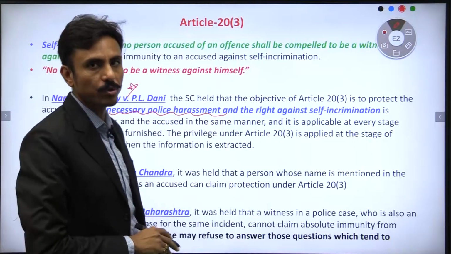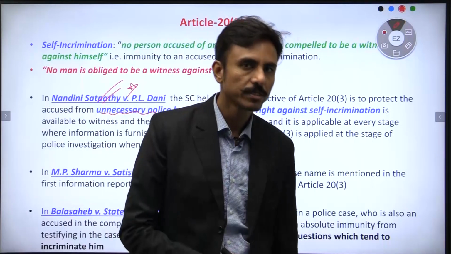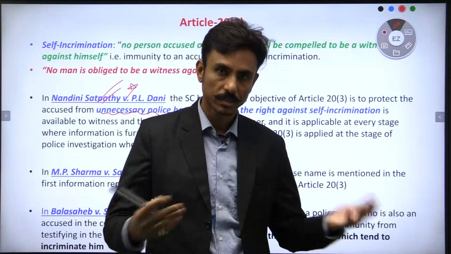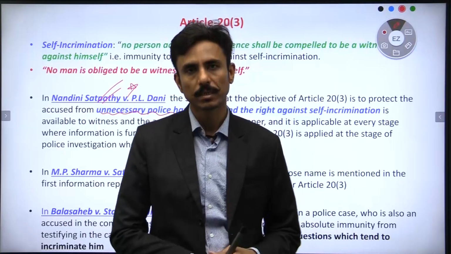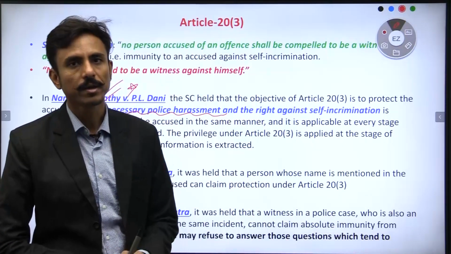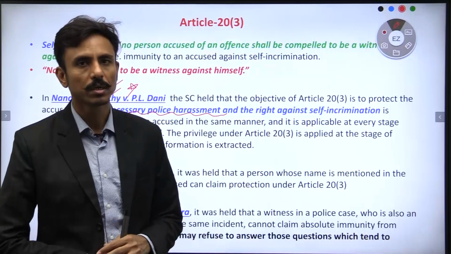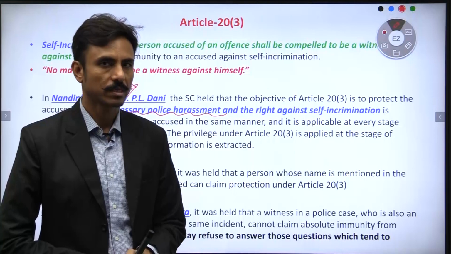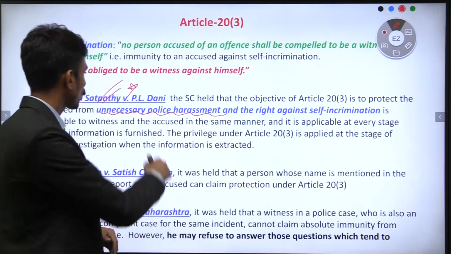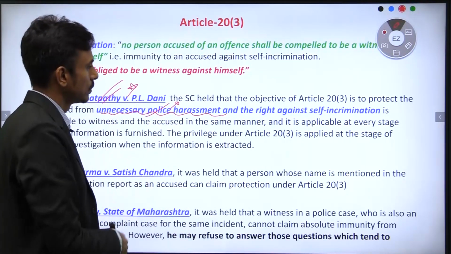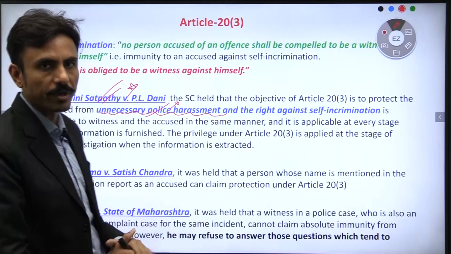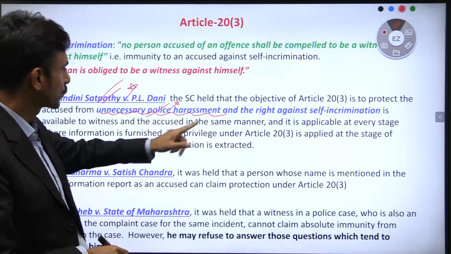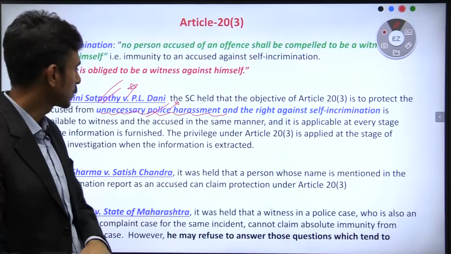So guys, you all would be knowing that there have been cases of third degree treatment, right? Where the police use third degree treatment to compel the accused to become a witness against himself, right? So there have been cases of unnecessary police harassment, right? So the objective of Article 20 Clause 3 is to protect the accused from this unnecessary police harassment, and this was held by the Supreme Court in Nandini Satpathy versus P.L. Dani.